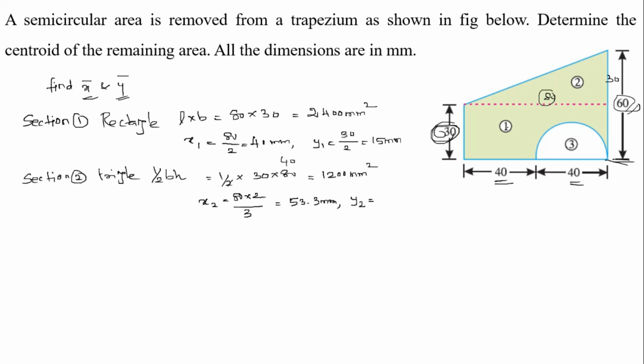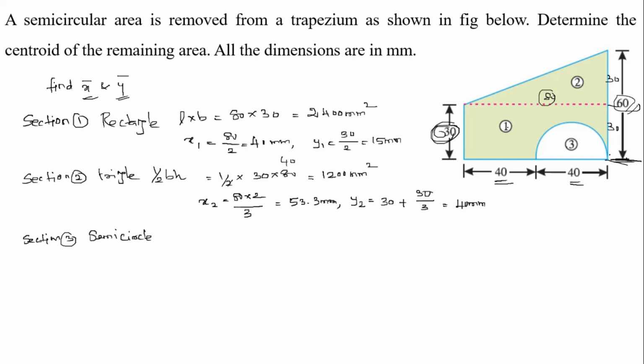This is the reference axis. So, from this point to this point is equal to 30. So, first we have to calculate 30 plus h by 3, where h is equal to 30, right. So, which is equal to 40 mm.